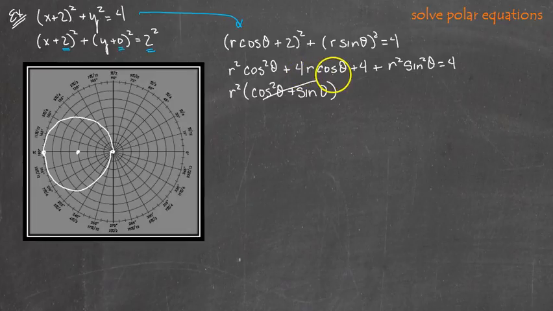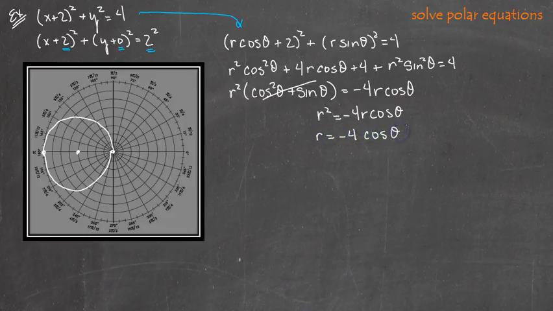Then this 4r cos theta, I'm going to subtract to the other side: negative 4r cos theta. And the 4 on this side, if I subtract it to the other side, is just 0. Now I'm left with r² = -4r cos theta. Now I only have to divide through by r, and I get r = -4 cos theta.